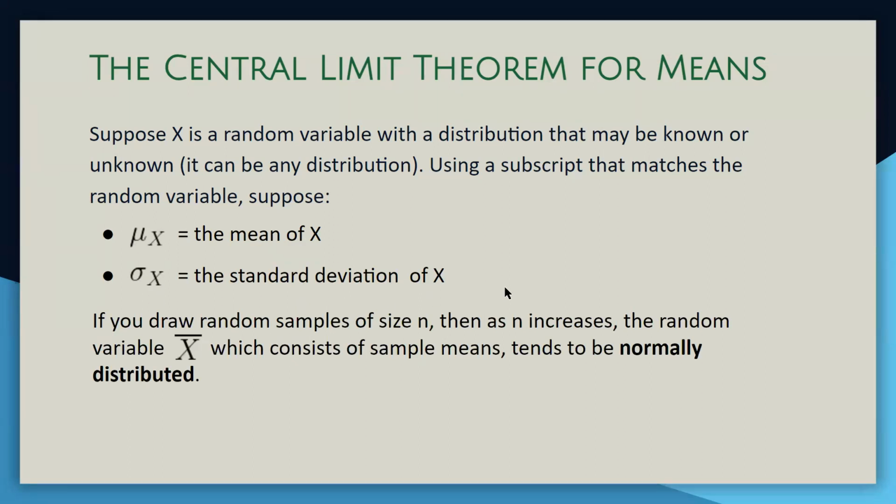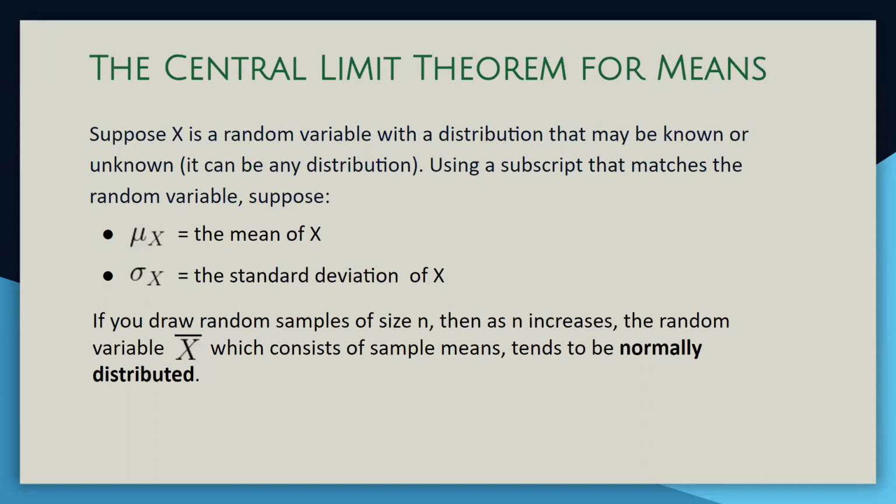If we look at that same population and we draw random samples of size n, as that sample size n gets bigger, the random variable x bar, which is the set of the sample means from those samples, tends to be normally distributed.